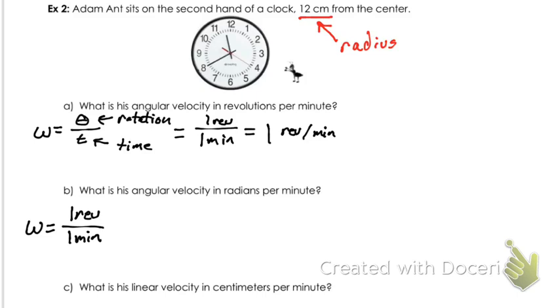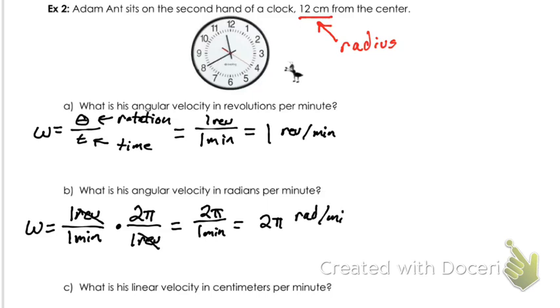So we're going to do a little bit of unit conversions here, where I want revolutions to turn into radians. So we're going to multiply that by 2 pi in every 1 revolution. That way we're canceling out our revolutions and we're left with 2 pi radians. So that's going to equal 2 pi. Remember, we should really think about that as radians over 1 minute, which we could rewrite as 2 pi radians per minute.